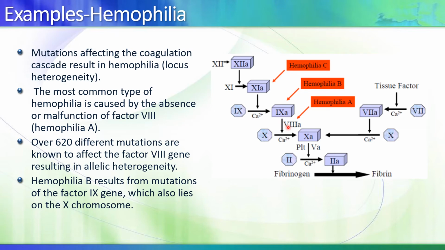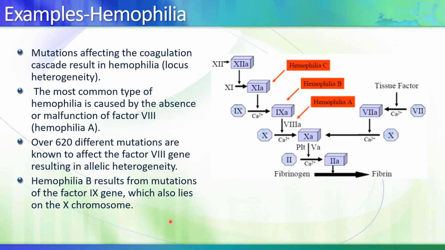The most common is known as hemophilia A, where you have a defect in factor 8. You can also have 620 different mutations in the gene of factor 8 that cause hemophilia A, and this is an example of allelic heterogeneity, right? So you can have different mutations of a single gene causing the same condition but with variable symptoms.